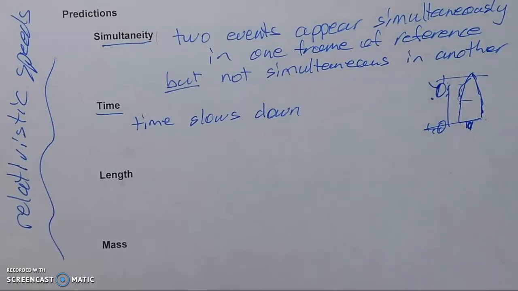I believe the experiment had 8 atomic clocks, 4 they left in the hangar, 4 they put on the plane. The plane took off, flew as fast as it could, came back, and the ones that were flying were slower than the ones in the hangar for our control. But I mean, we're talking fractions of a second.